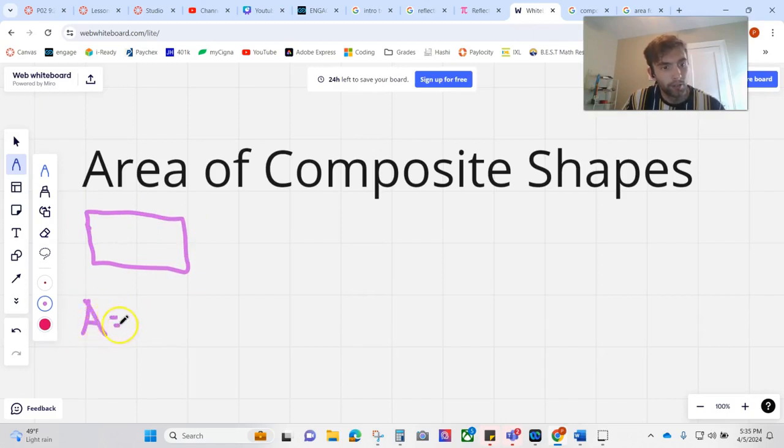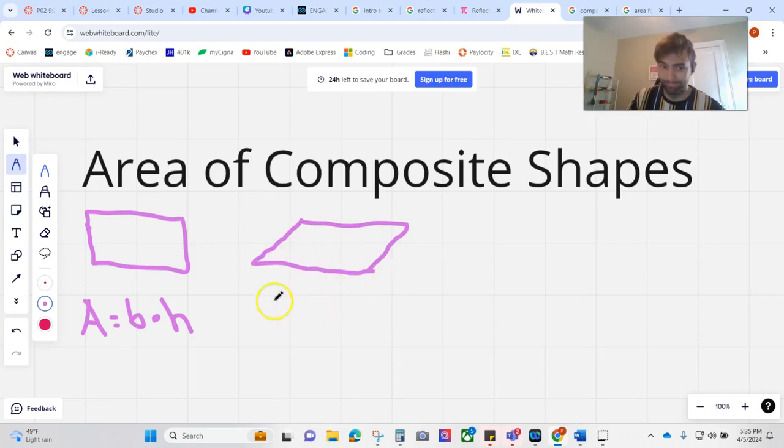Area is base times height. Do you know how to find the area of a parallelogram? Nice. Yep, exactly. It is also base times height.